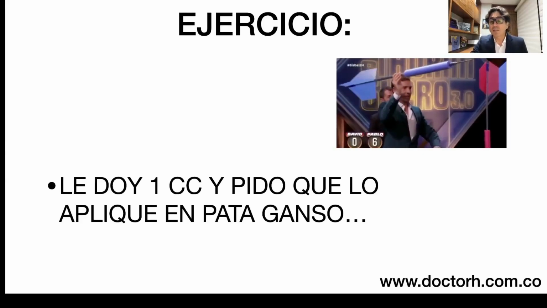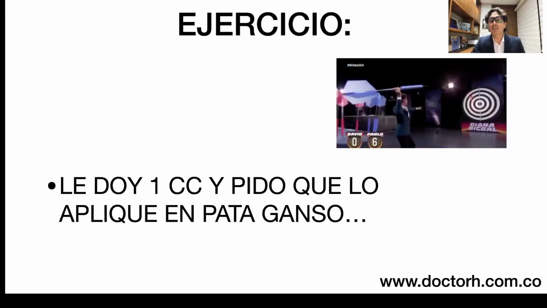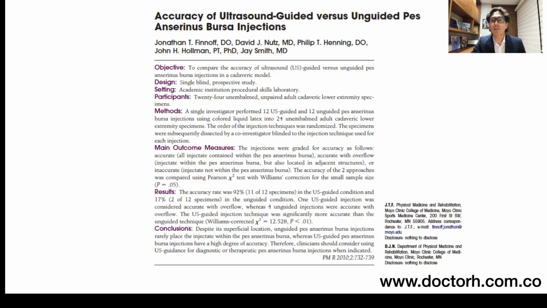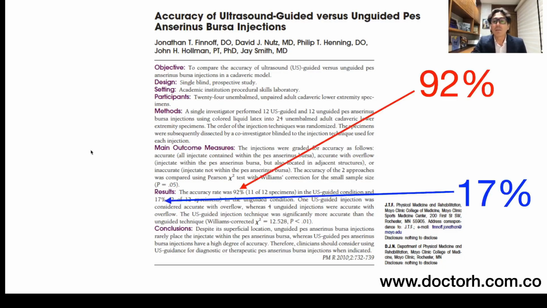So when we reviewed the data, we showed them that this is a cadaveric study where that 1 centimeter of contrast medium or dye was injected into the PS anserinus and only reached the target in 17% of cases. Whereas with ultrasound guidance, it reached the target in 92% of cases.